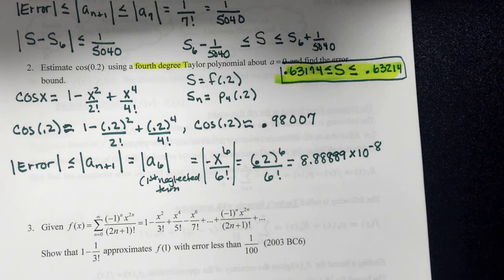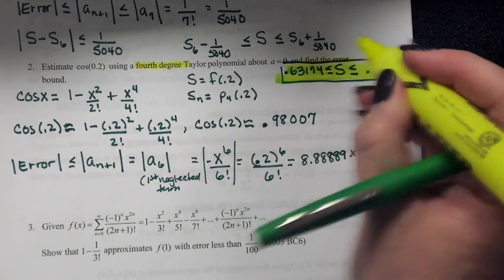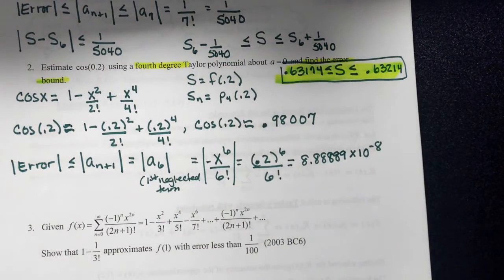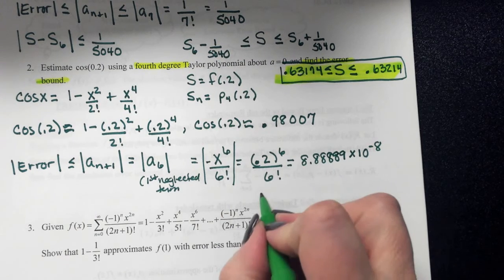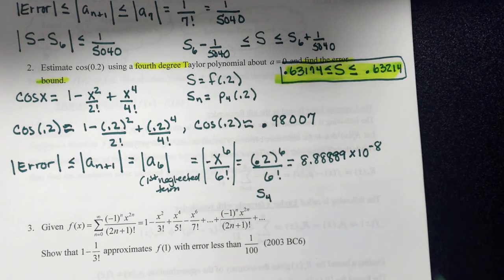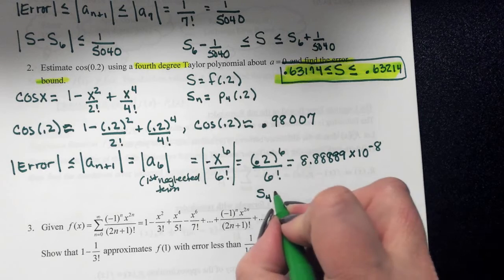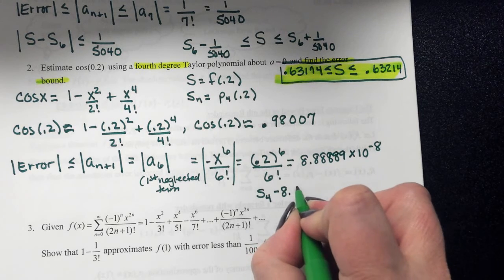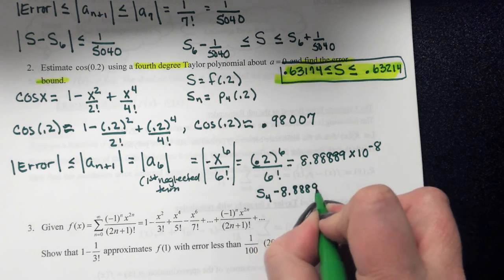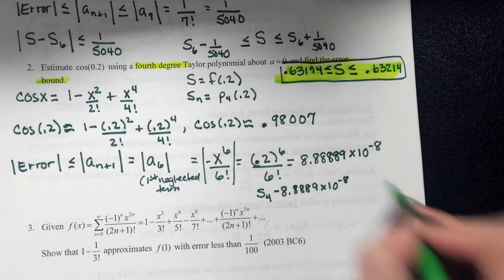All right, so now it's asking me for the error bound. So the error bound, remember, is that particular inequality. Again, I have to take my partial sum that I used to the 4th degree. I have to subtract the error, which is 8.88889 times 10 to the negative 8th.